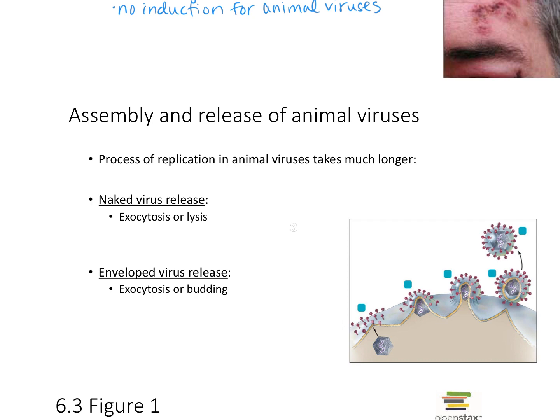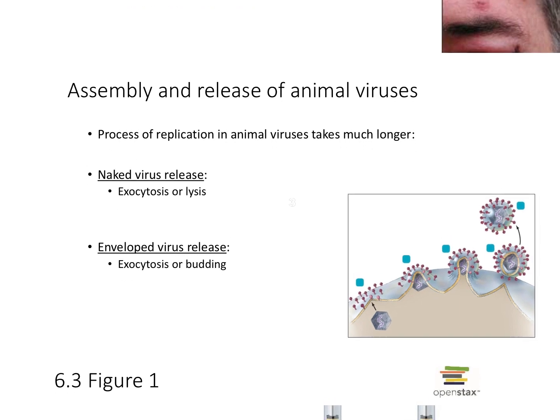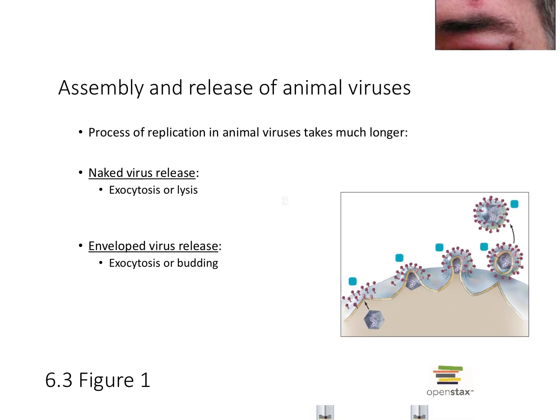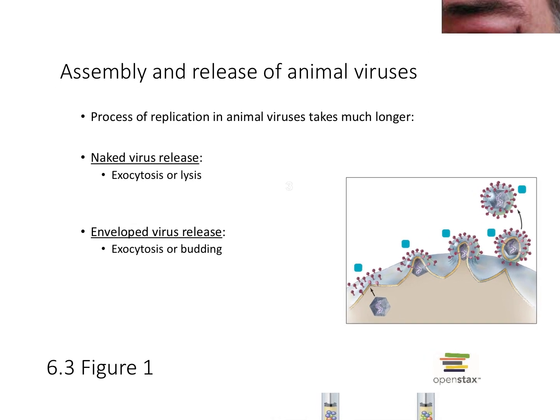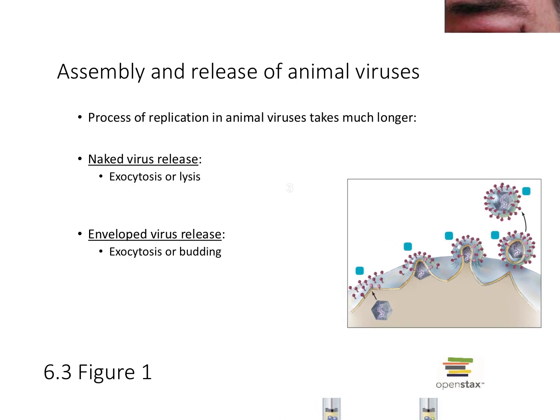So let's talk about assembly and release a little bit here. The assembly process takes a lot longer. Remember how long it took, there was a lag period until the new virions were released from a bacteria cell. We said that was about 25 minutes.